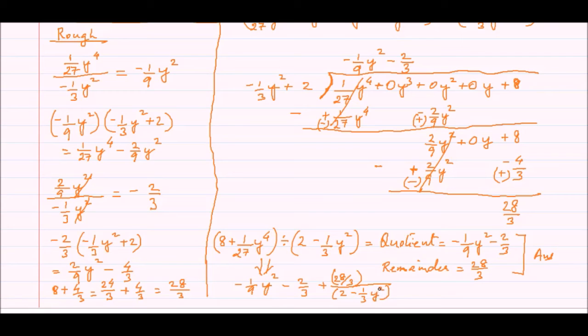You can write the answer in any of these two forms. You can write quotient equal to the top part, the terms that are written on the top of the long division symbol, and the remainder is the part that is at the bottom. The bottom part is the remainder and the top part is the quotient.